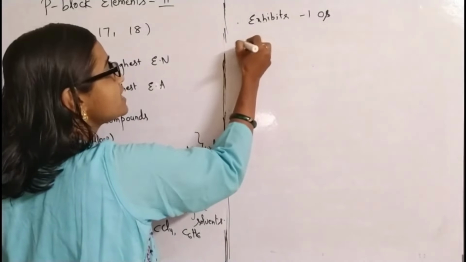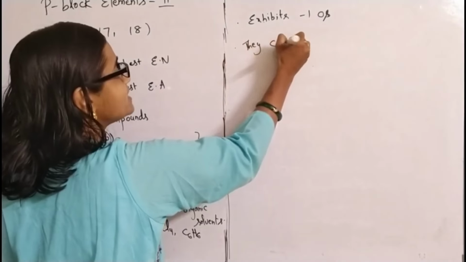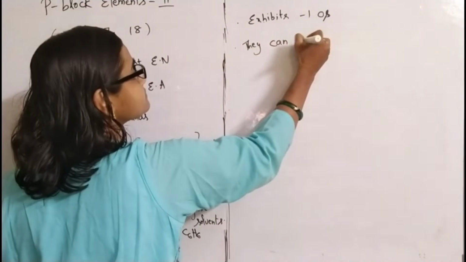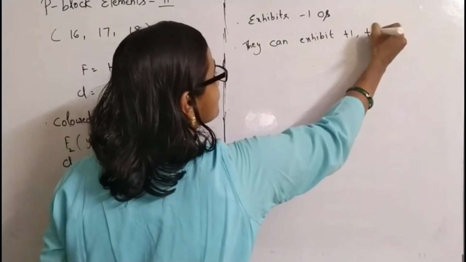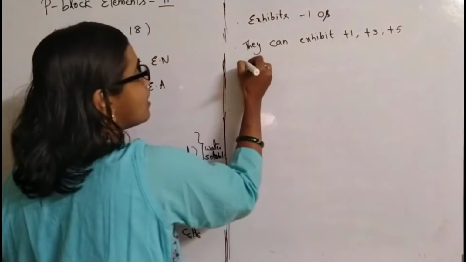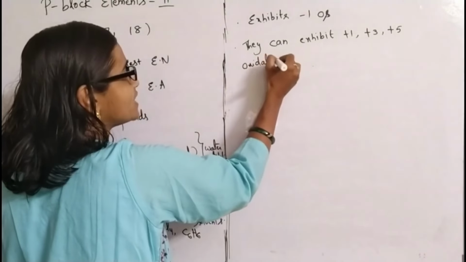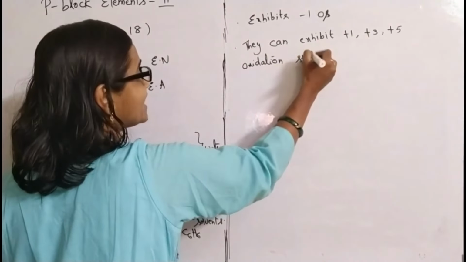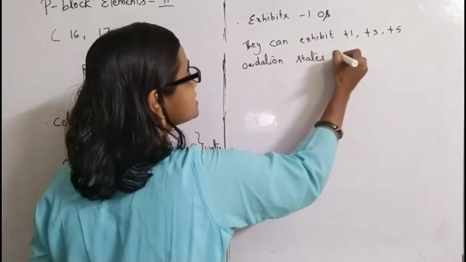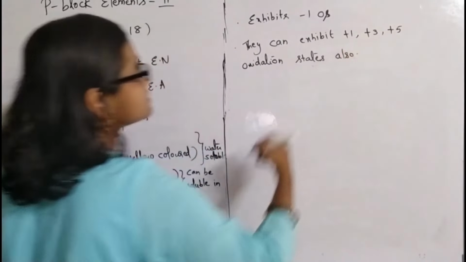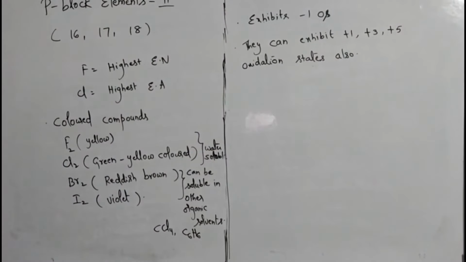Other elements can also exhibit +1, +3 and +5 oxidation states in different compounds, so in different types of compounds you will find different oxidation states.